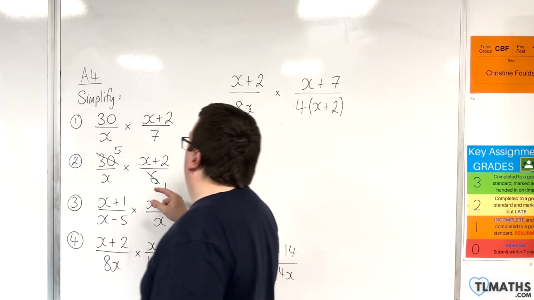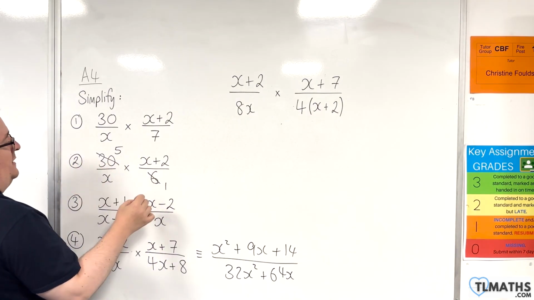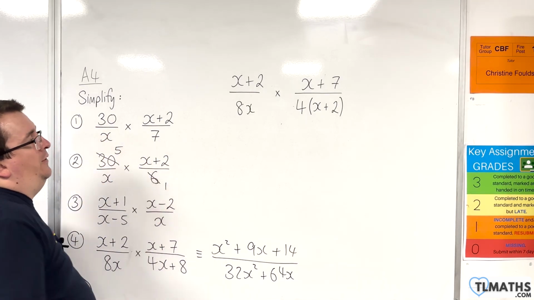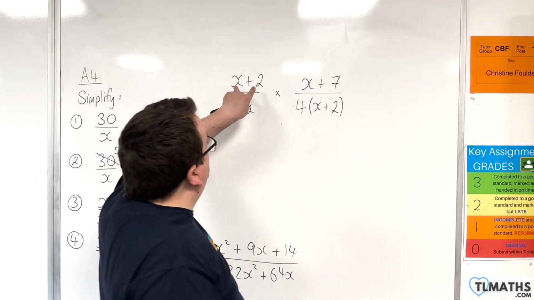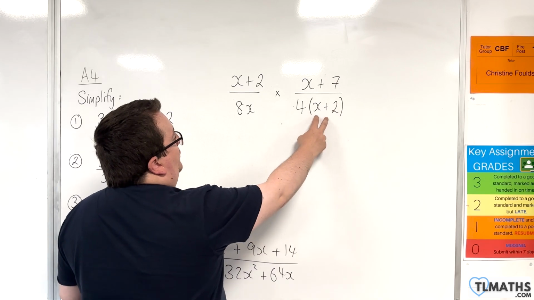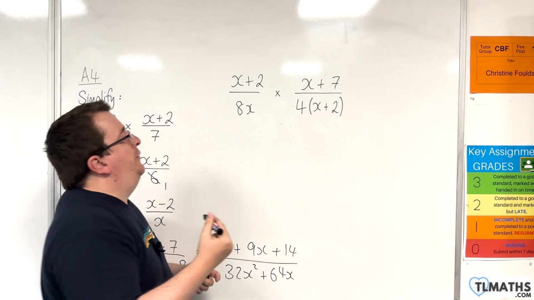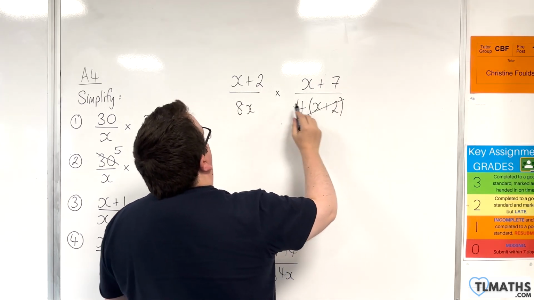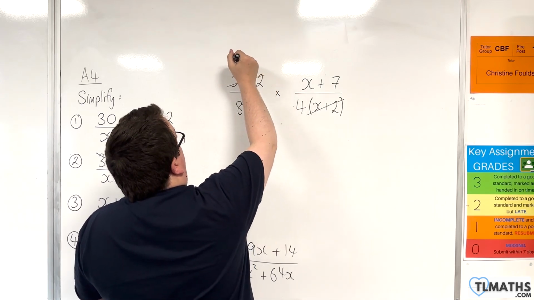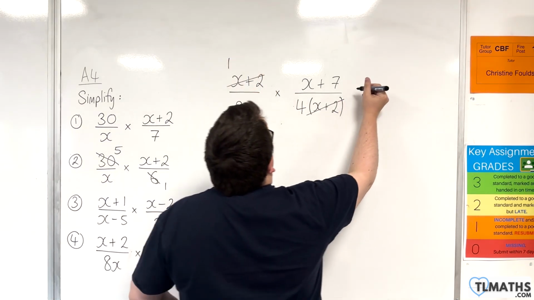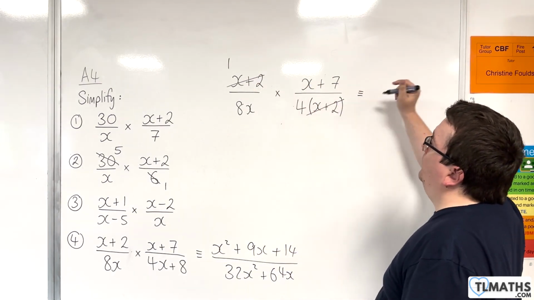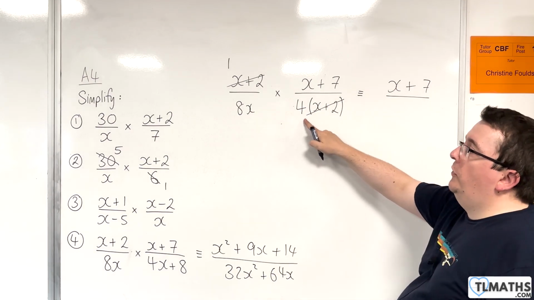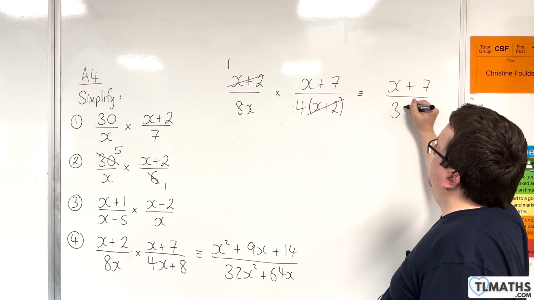So just like here, between the 30 and the 6, you had a factor of 6 and a factor of 6. A factor of 6 in the numerator, a factor of 6 in the denominator. So a factor of x plus 2 in the numerator and a factor of x plus 2 in the denominator. So that means we can divide top and bottom by x plus 2. It's gone there, and if I divide x plus 2 by x plus 2, I get 1 there. So I now have 1 times x plus 7 over 8x times 4, which is 32x.